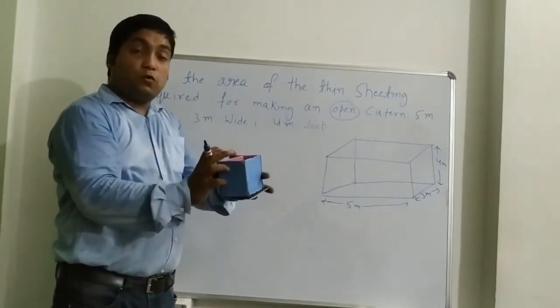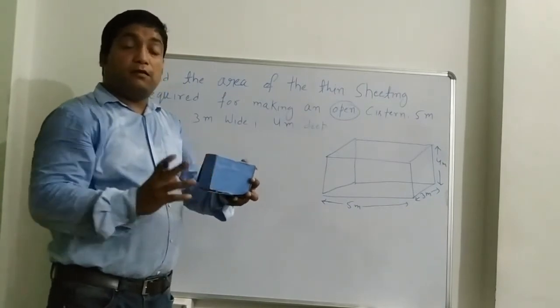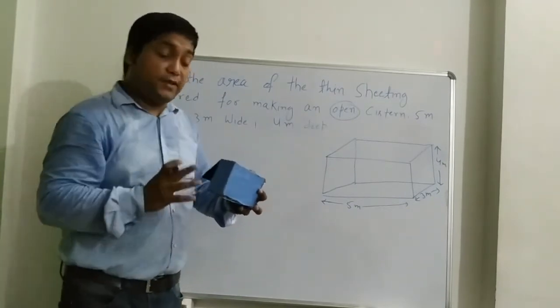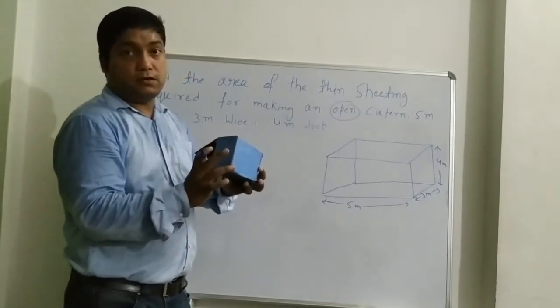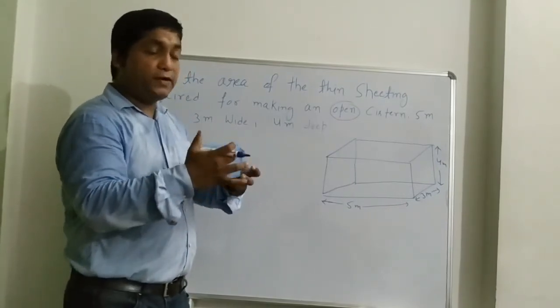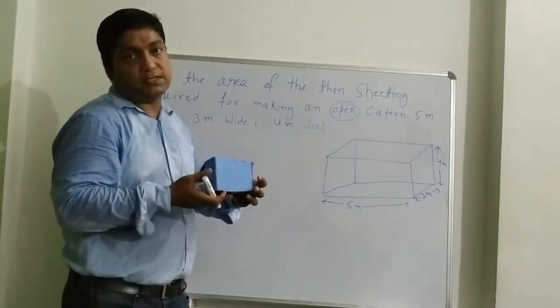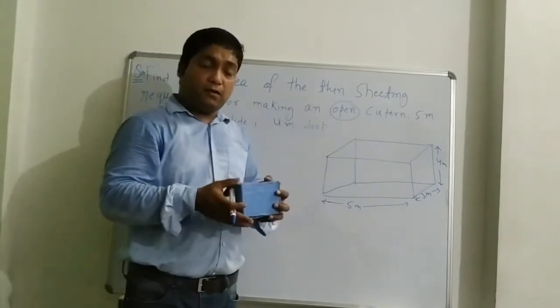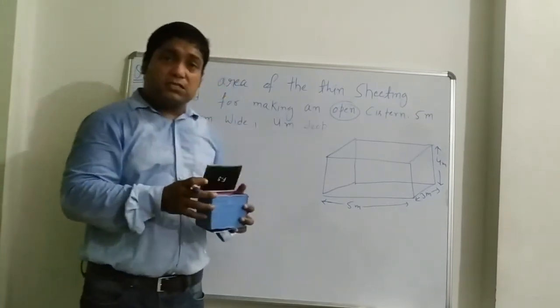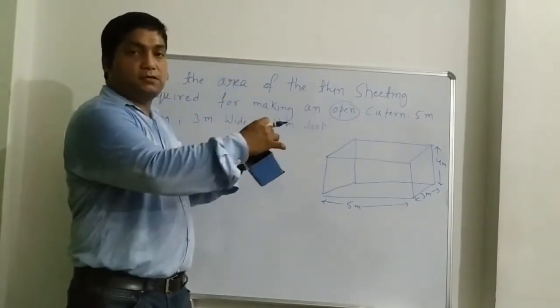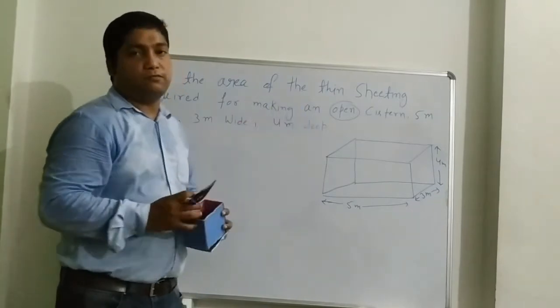So when it is open, we have only 5 faces: 1 face, 2 face, 3 face, 4 face and 5 faces. It means that we take the formula of total surface area minus this, then we solve this question.